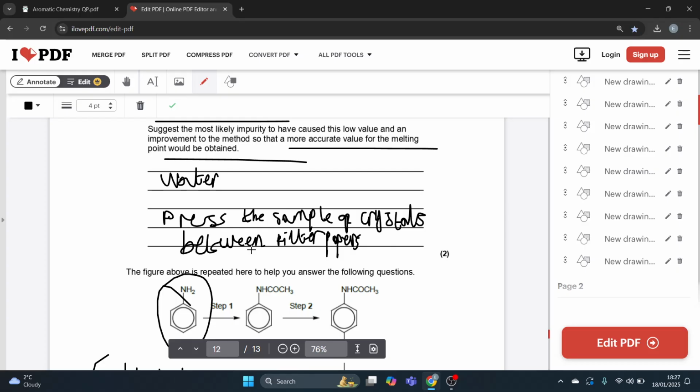So 72 plus C6H5, plus 5, plus 14, plus 1, plus 12, plus 16, plus 12, plus 3, 135.